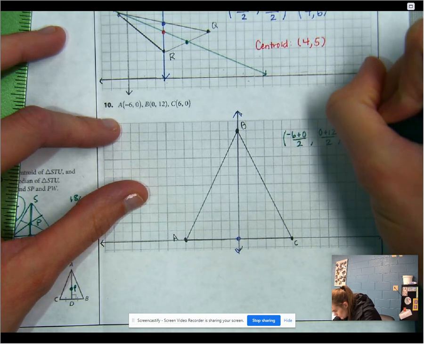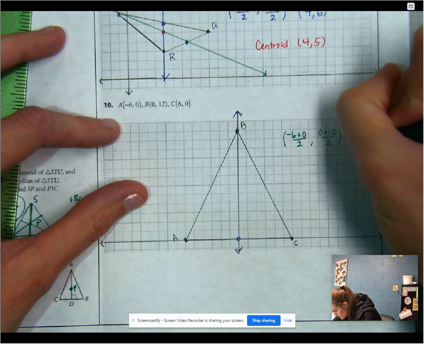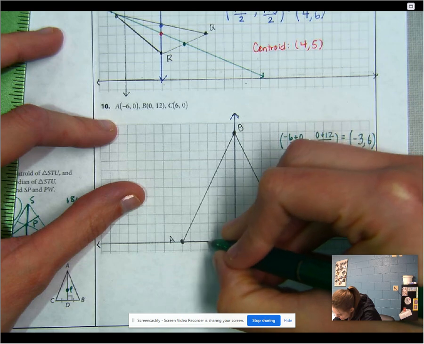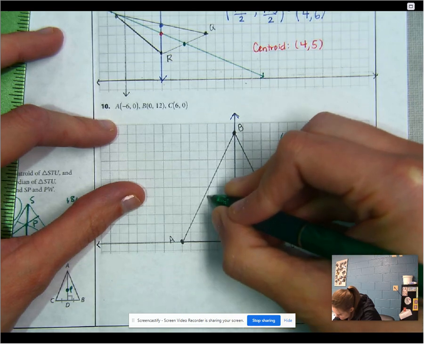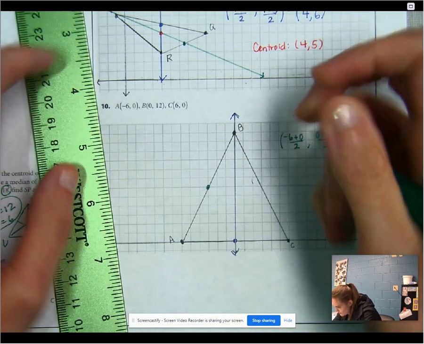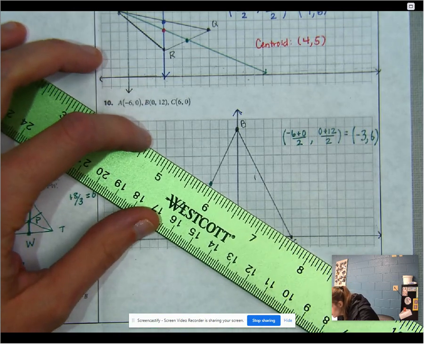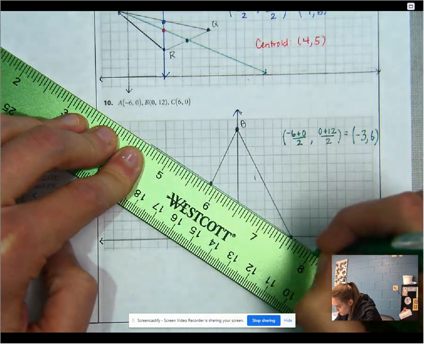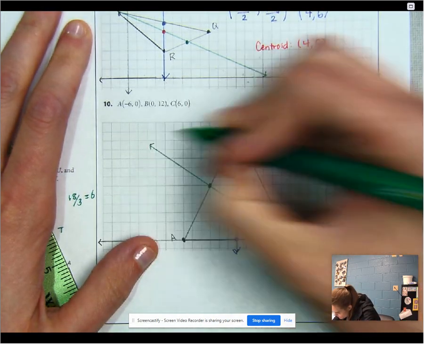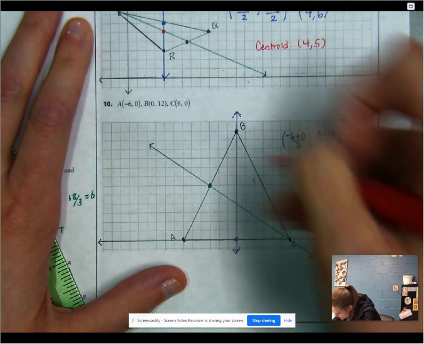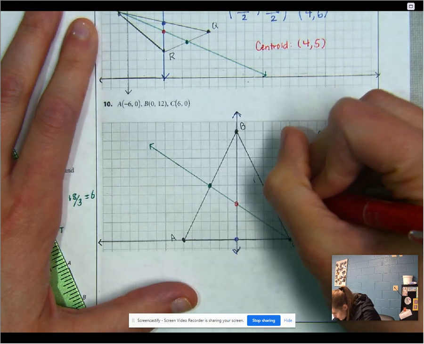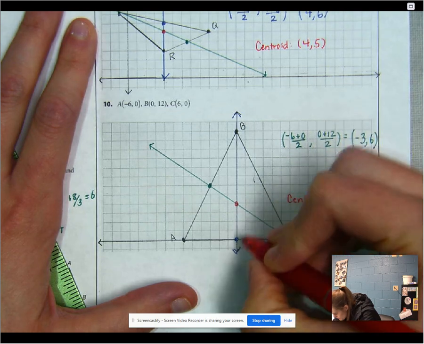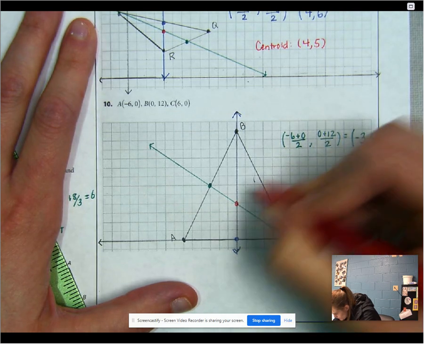So the midpoint is (-3, 6). 1, 2, 3 to the left, and 1, 2, 3, 4, 5, 6 up. And draw that to C because it's the opposite. And that should tell us what our centroid is. The centroid is where it crosses. So the centroid is located at (0, 4).